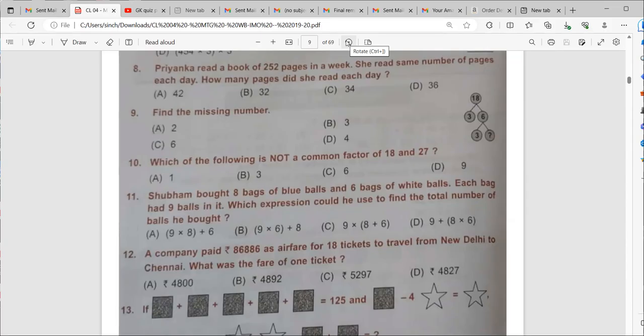Shubham bought 8 bags of blue balls and 6 bags of white balls. Each bag had 9 balls in it. Which expression could he use to find the total number of balls he bought? Ma'am, 1 second, I understood. Super.